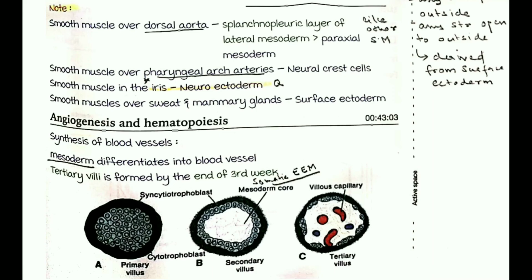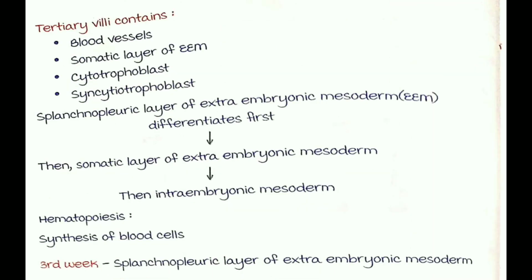Once the blood vessels are formed, we have the tertiary villus formation. The tertiary villi contain blood vessels, the somatic layer of extraembryonic mesoderm, the cytotrophoblast and syncytiotrophoblast. The secondary villi contained all these three things, plus the blood vessels make the tertiary villi components.